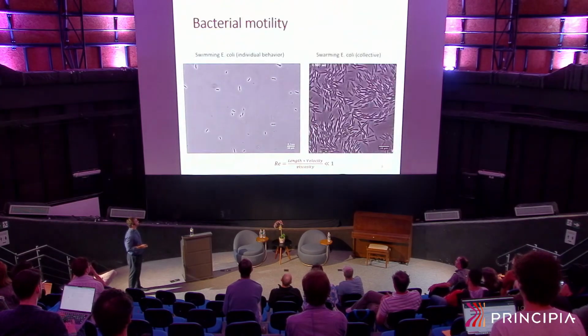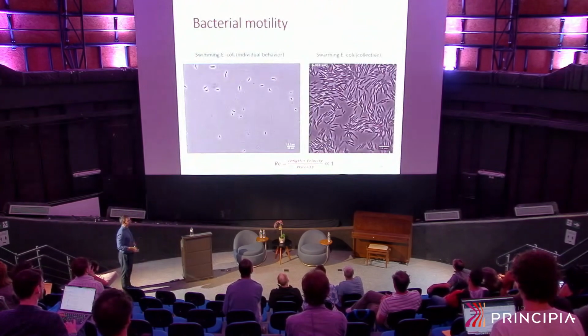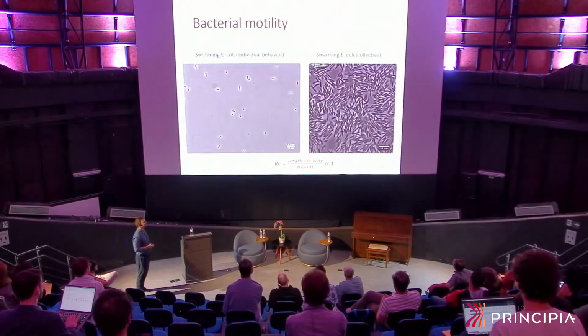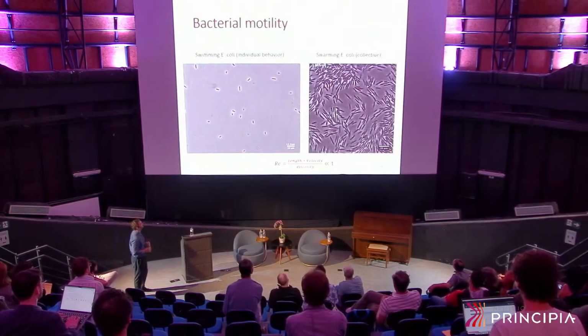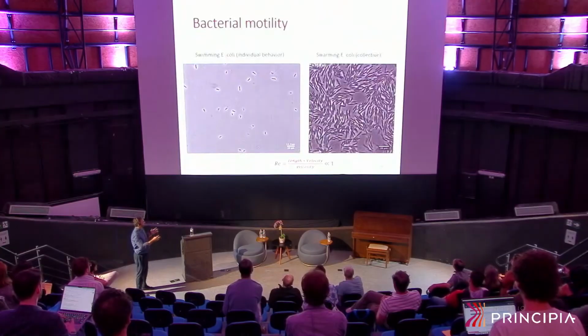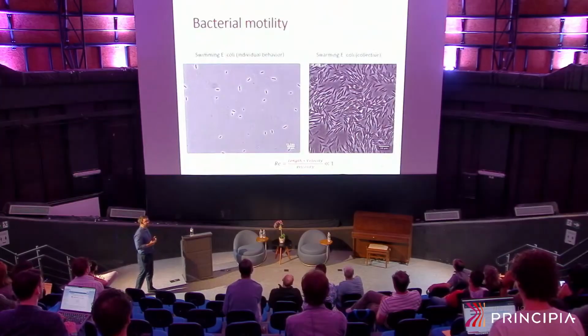While when you have higher density of bacteria in special conditions, they develop the swarming mode. So they start to behave collectively. If you freeze this image, you see that most of the bacteria are aligned in the same direction, so they acquire a nematic order.